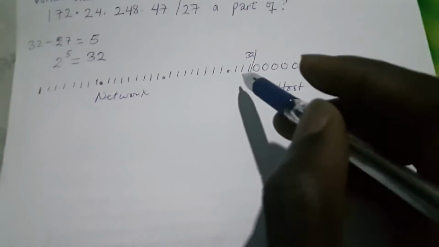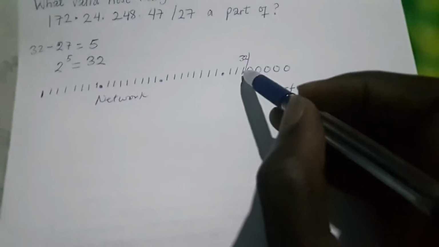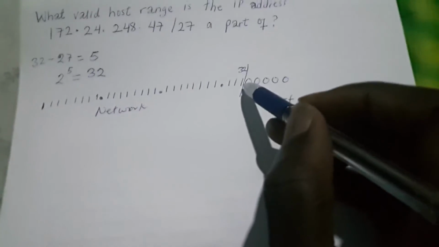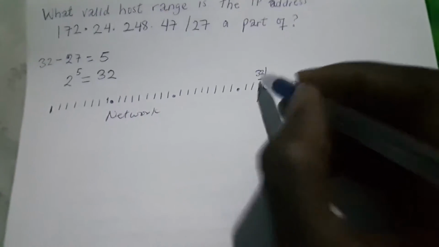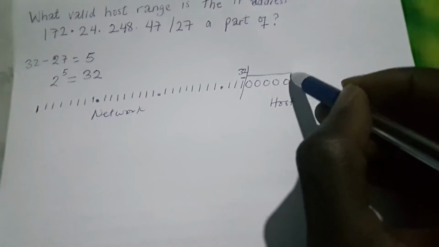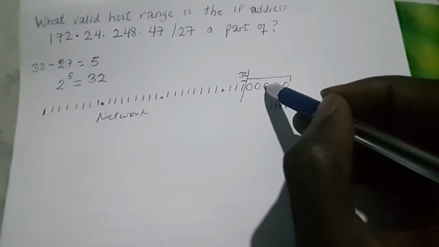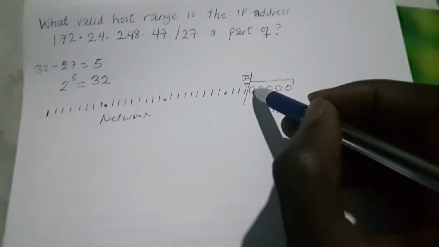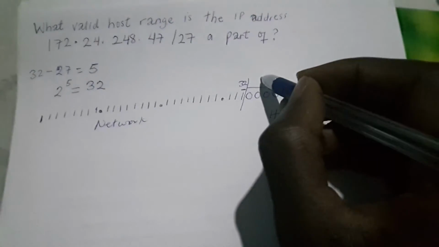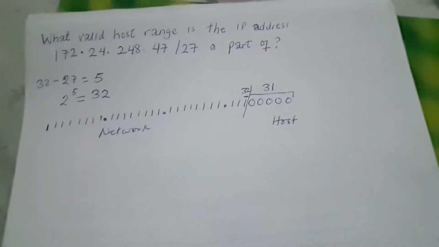Because we wrote 1 27 times, and the last digit is what we are going to focus on, and the last one is a 32. The next thing we do is add all of the bits that are off. So this is 1, this is 2, this is 4, this is 8, and this is 16. If we add all of them, we get 31. Hope you're getting the concept.